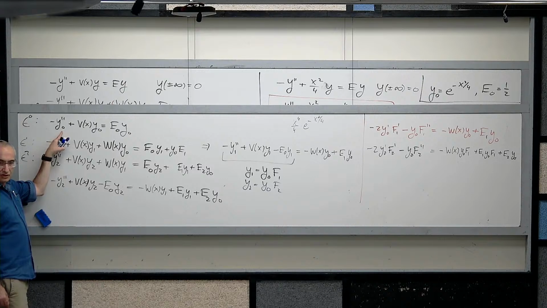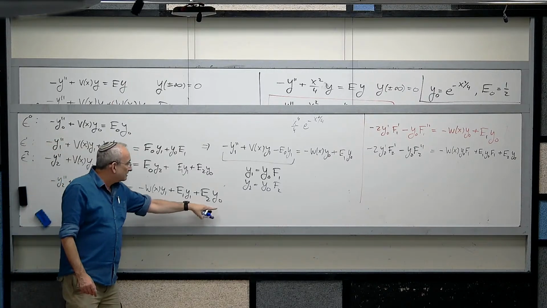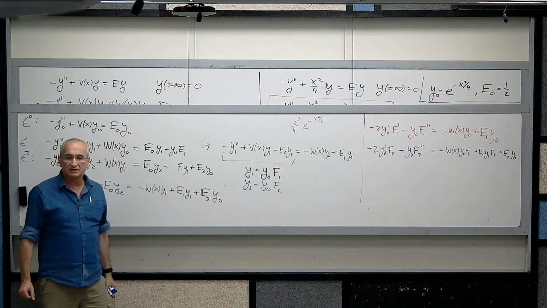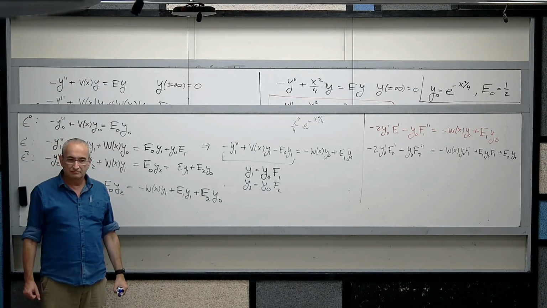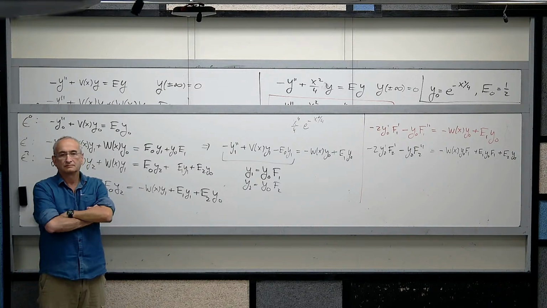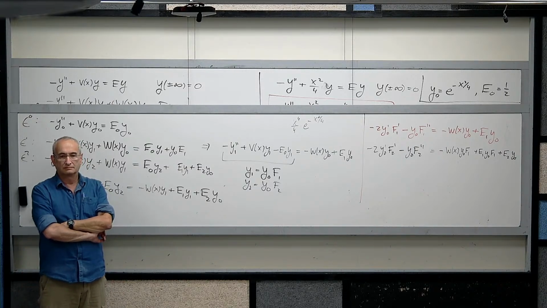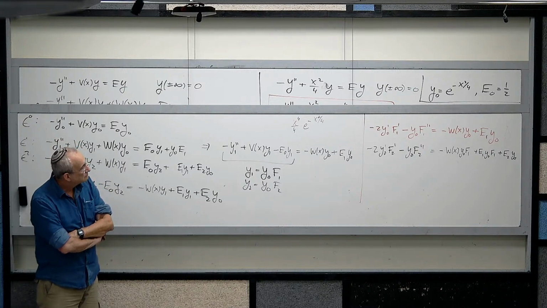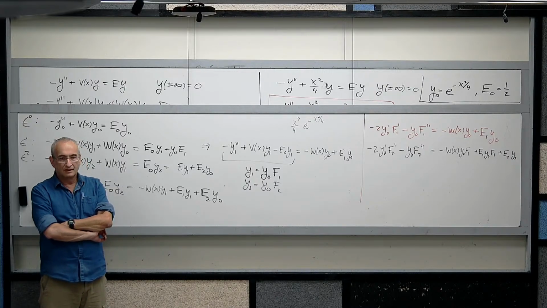I'm saying that if we ignore the right side of the two equations, we get two homogeneous equations which are exactly the same.